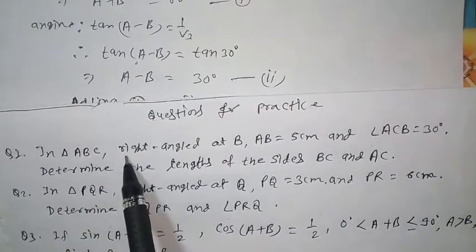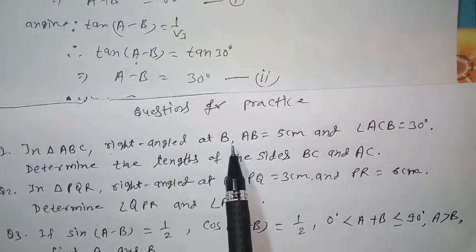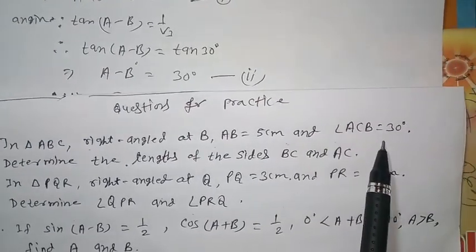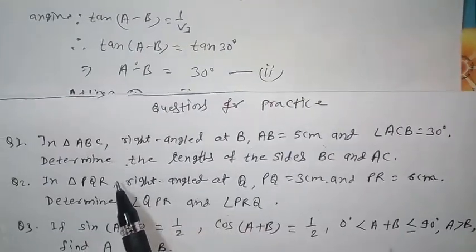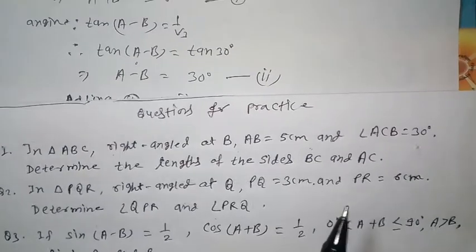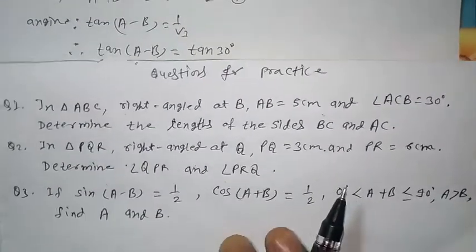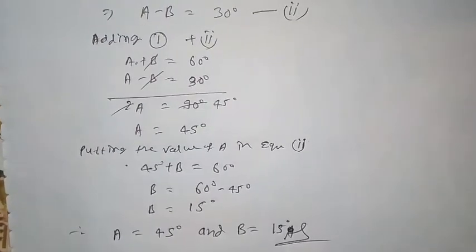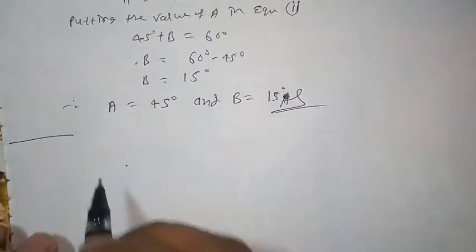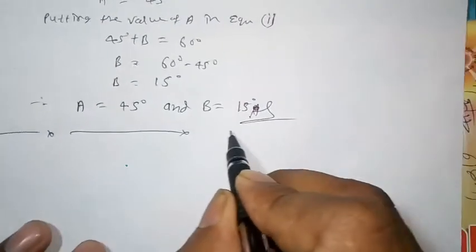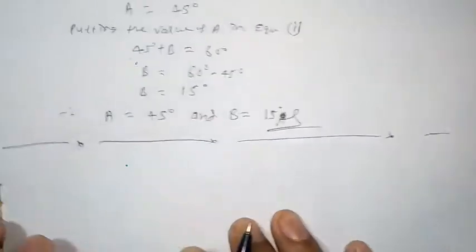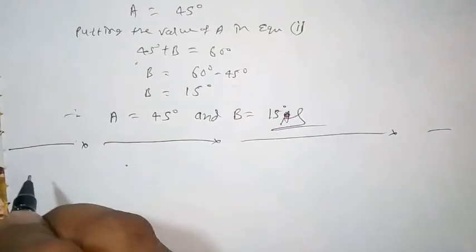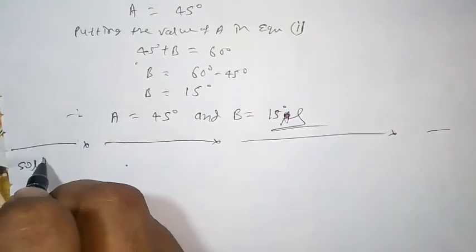In triangle ABC, right angle at B, AB is equal to 5 cm and angle ACB is equal to 30 degree. Determine the lengths of the side BC and AC. Solution 1.